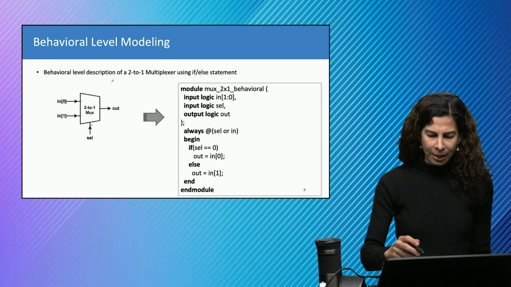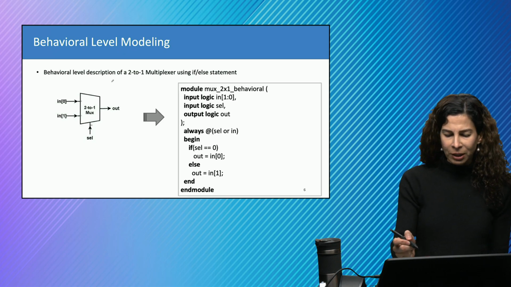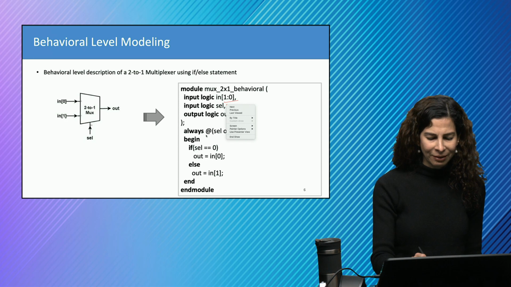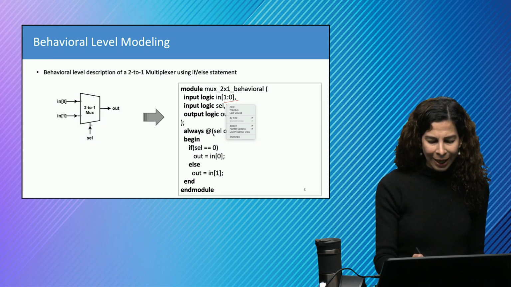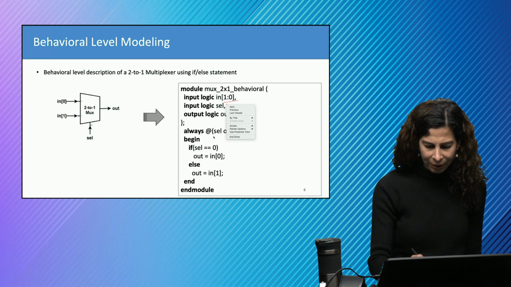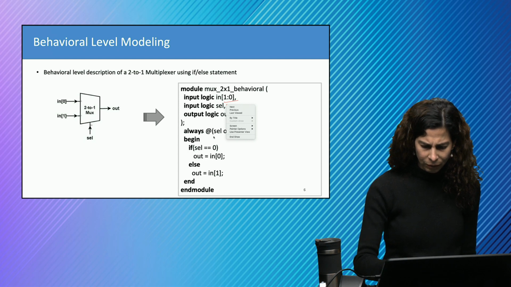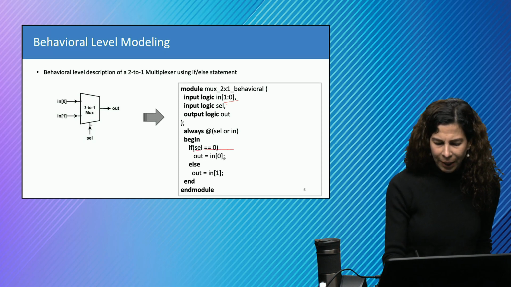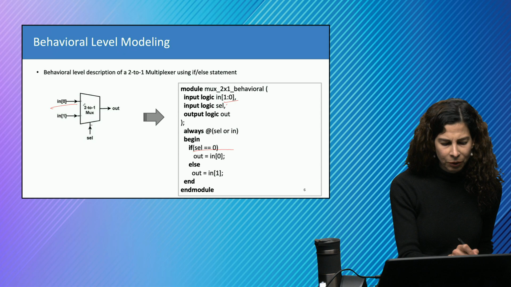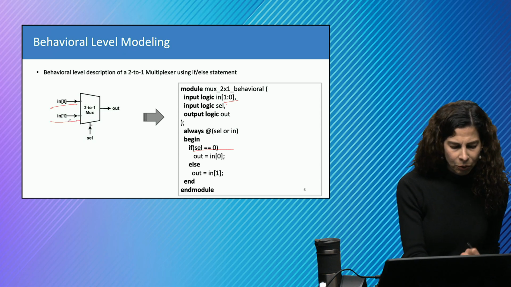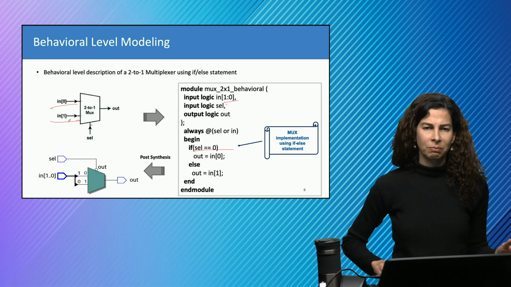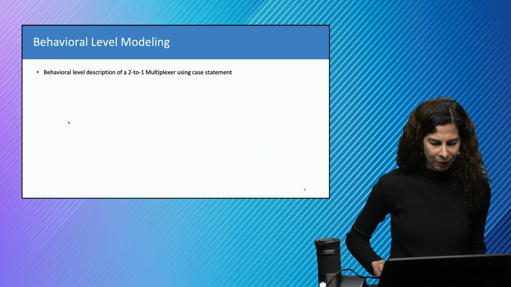Here we had inputs of type logic, just taking 0 or 1, and then we used the sensitivity list with always, which is active if the select signal changes, and then simply, if select is 0, the output is going to be the first input, and if select is 1, the output is going to be the second input. This is using the if-then-else statement, and it's just going to synthesize into what you see on the left.